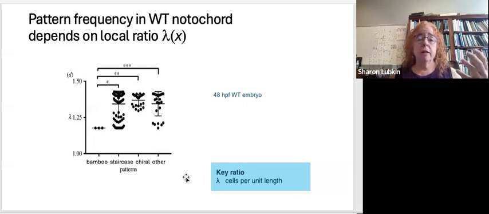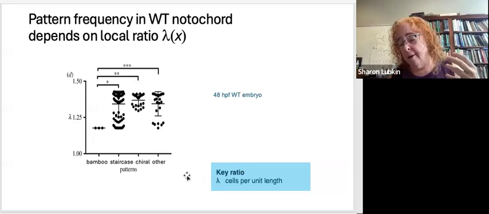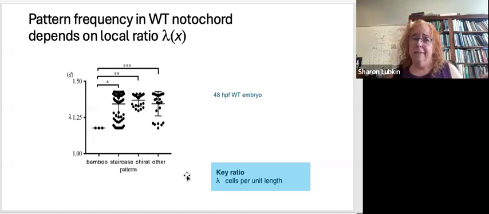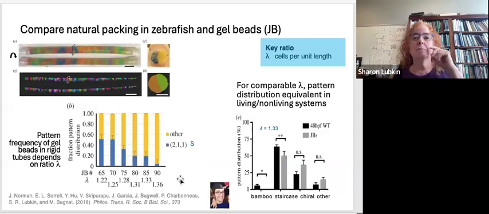And so this was some kind of validation of our hypothesis that essentially the notochord is a packing of soap bubbles, or a packing of the less analyzed system, the gel beads.